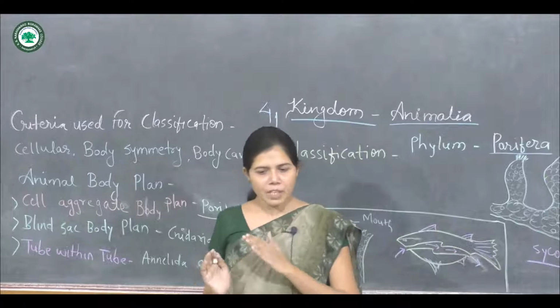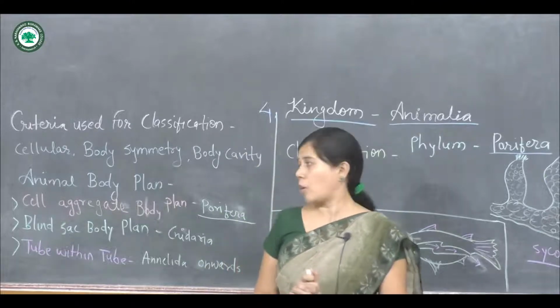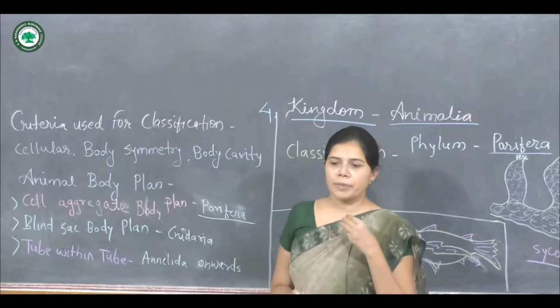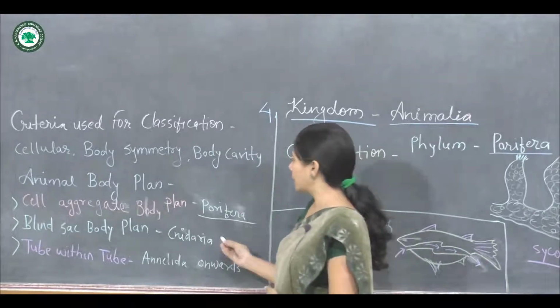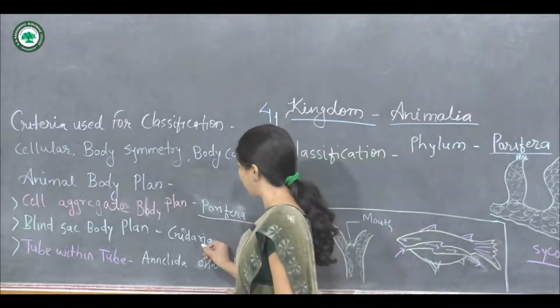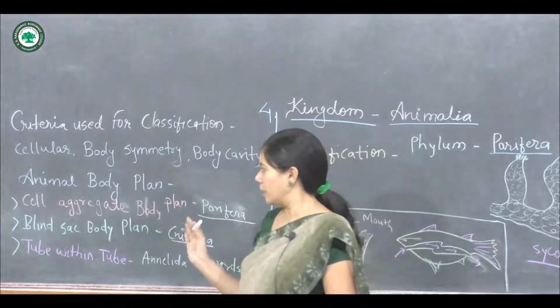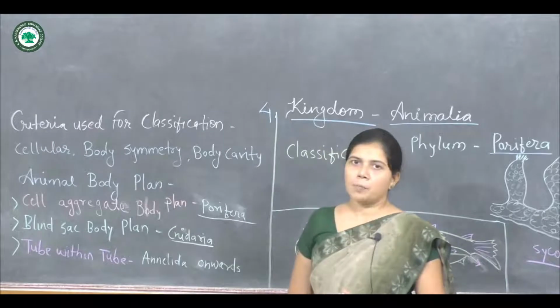The examples of the blind sac body plan are the members of the phylum Cnidaria.